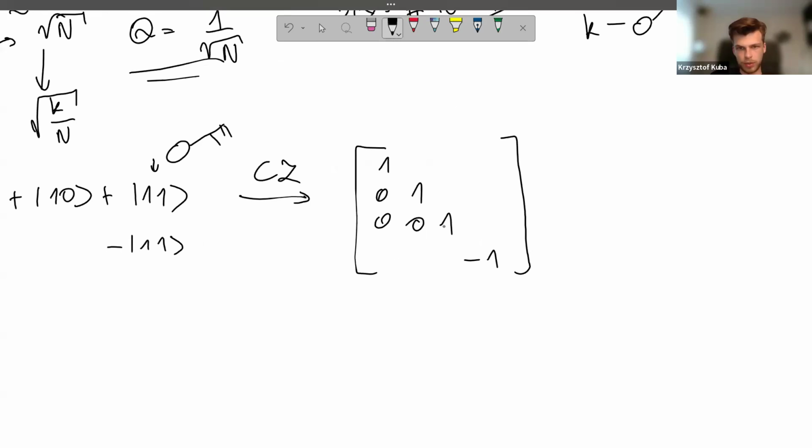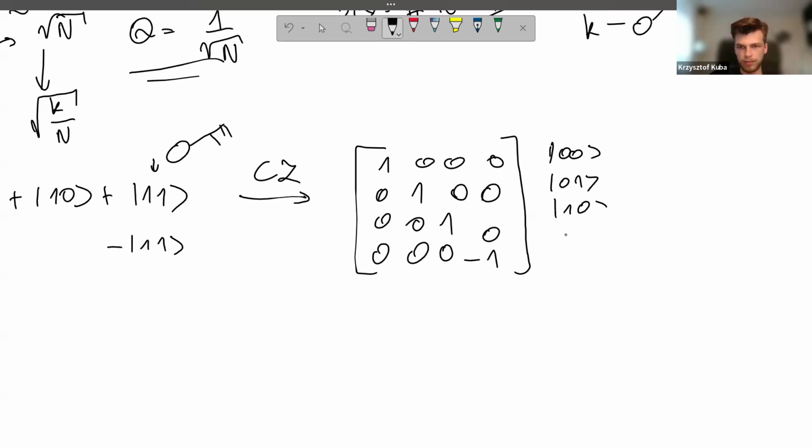No, there are too few of them. 0, 0, 0, 0, 0, 3, 2, and 1. And these correspond to states 0, 0, 0, 1, 1, 0, 1, 1, and likewise here 0, 0, 0, 1, 1, 0, and 1, 1.